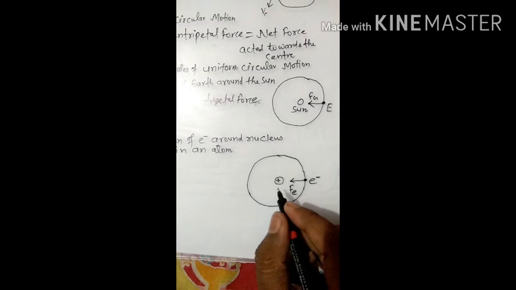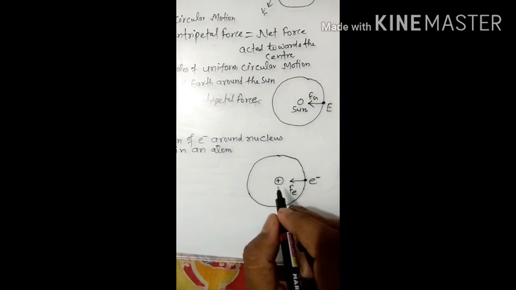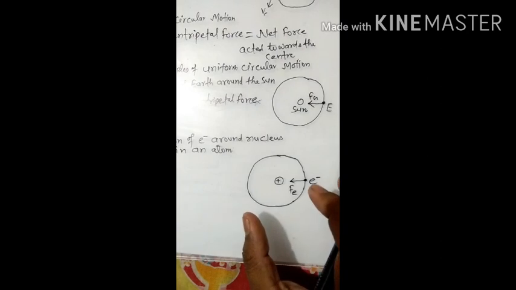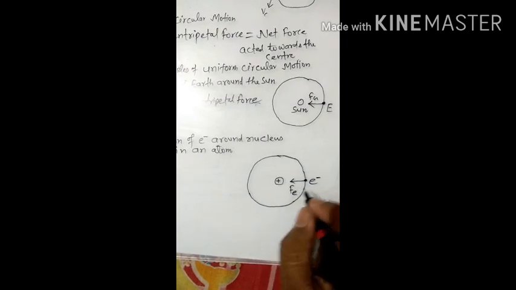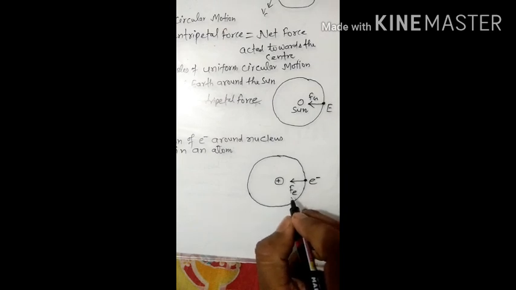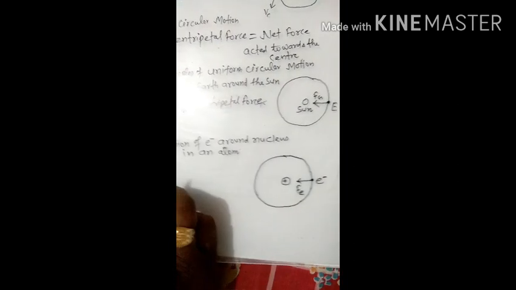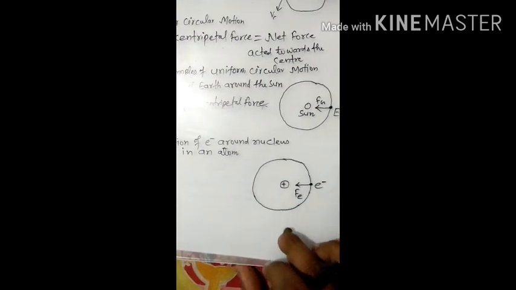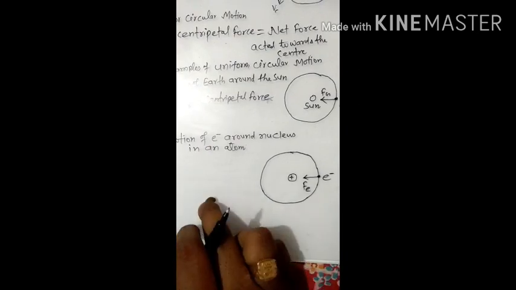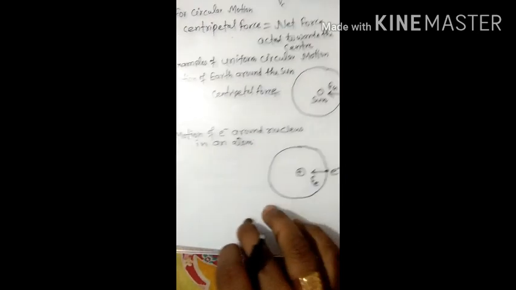At the center, the nucleus, proton and neutron are present. The proton always applies an attractive force on the electron, which is represented by the electrostatic force, and this electrostatic force provides the required centripetal force.